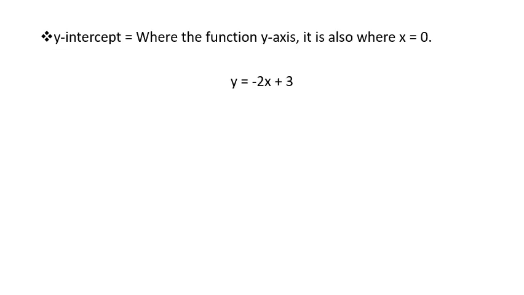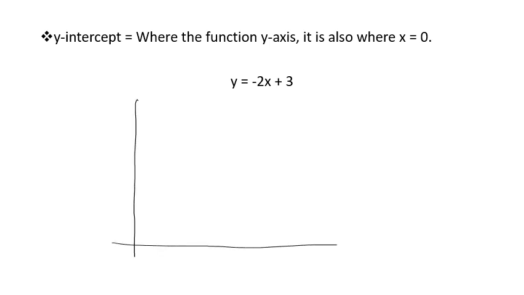One more thing to tie into this is the idea of a y-intercept. The y-intercept is where the function hits the y-axis. It's intercepting the y-axis. We've already seen that the x-axis goes across.